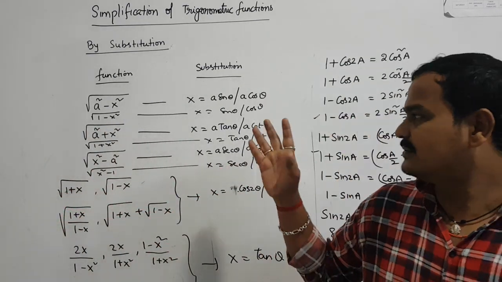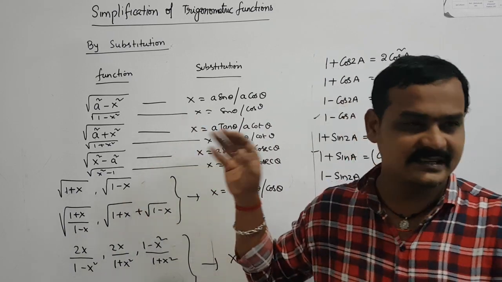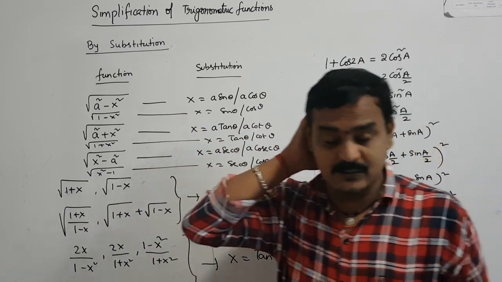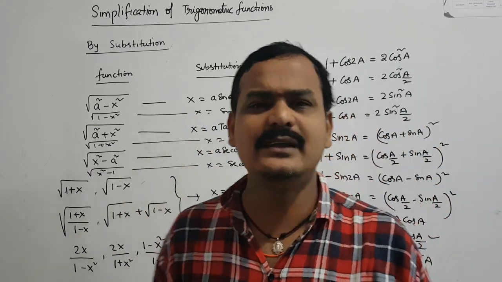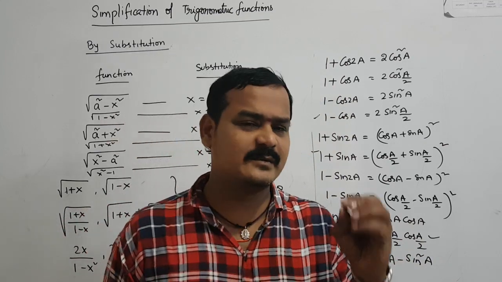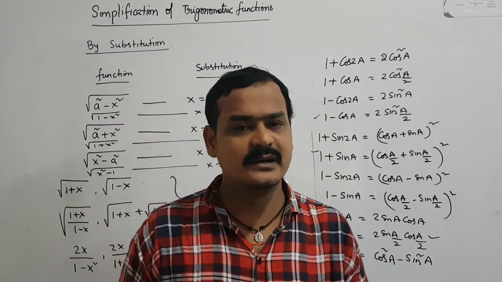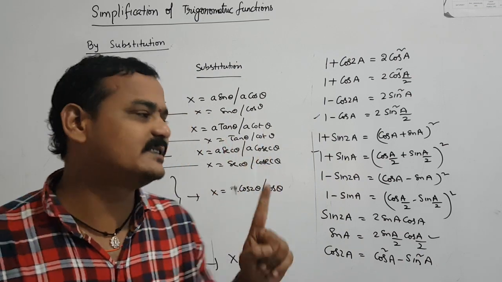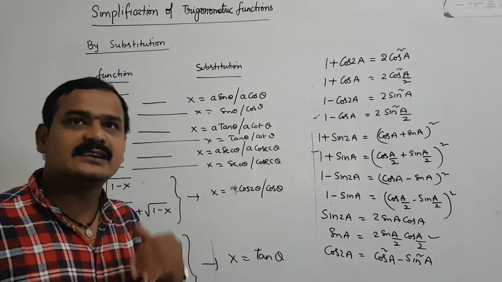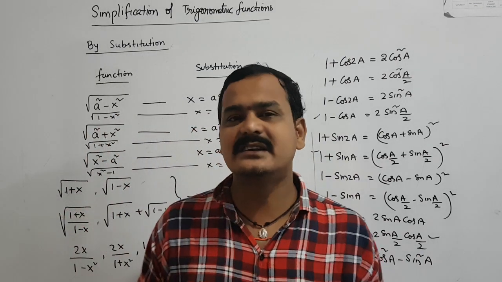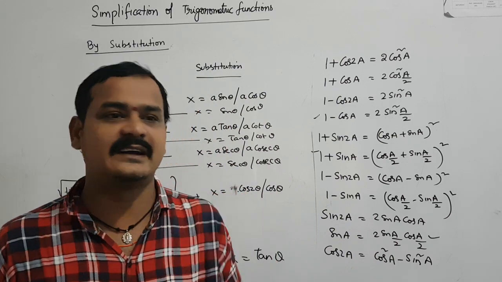But most of you may find it difficult to remember these, so think about one thing: while you are going to simplify inverse trigonometric functions by the substitution method, the first preference is given to tan theta. Why, sir? Most of the trigonometric formulas are linked with tan theta.